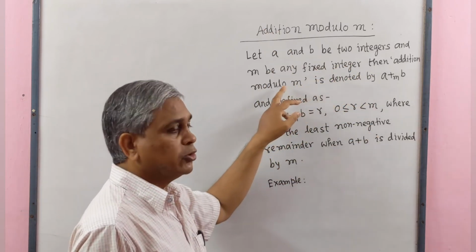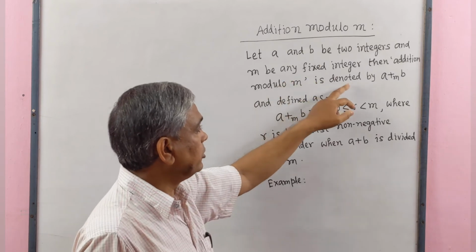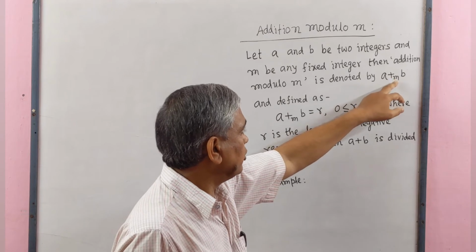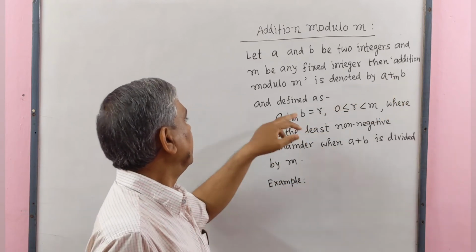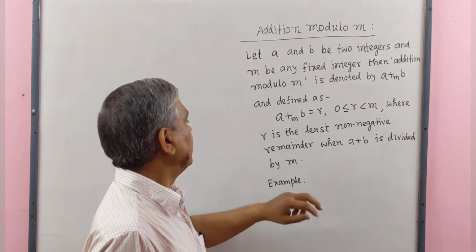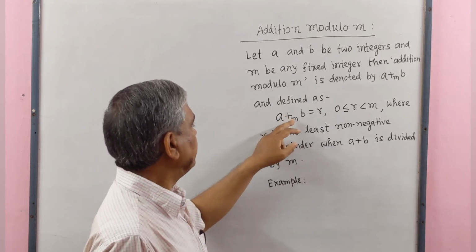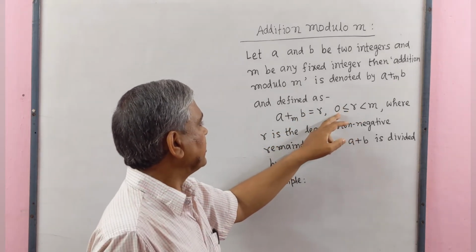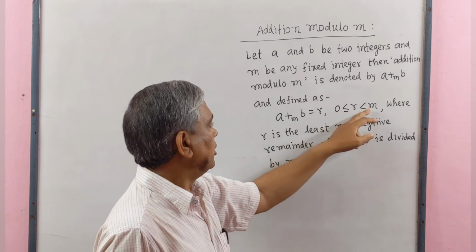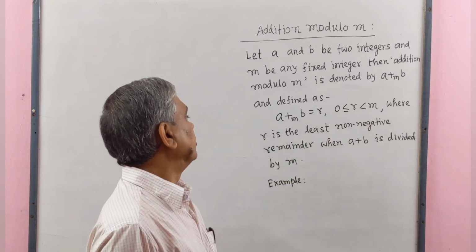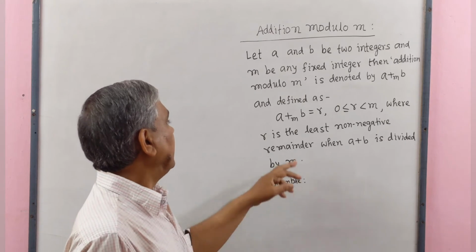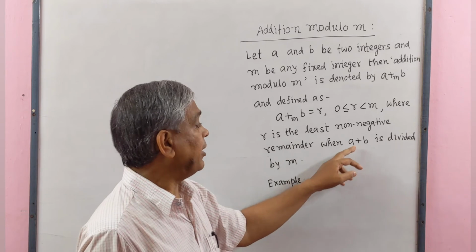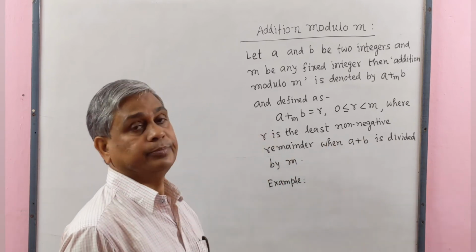Then addition modulo M is denoted by A addition modulo M B and defined as A addition modulo M B equal to R, where R is greater than or equal to 0 and less than M, where R is the least non-negative remainder when A plus B is divided by M.